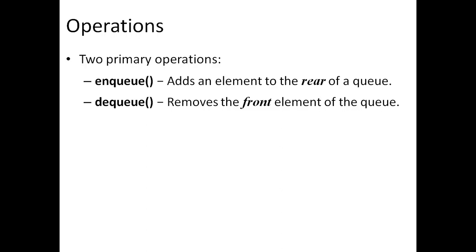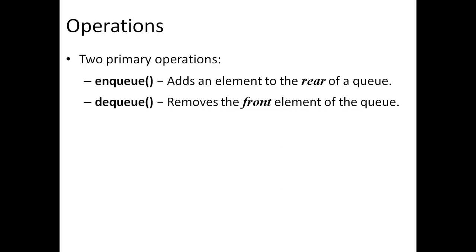The basic operations which are allowed on queue data structure are as follows. Enqueue will add a new element always at the rear end of a queue. So enqueue is similar to the insertion operation.